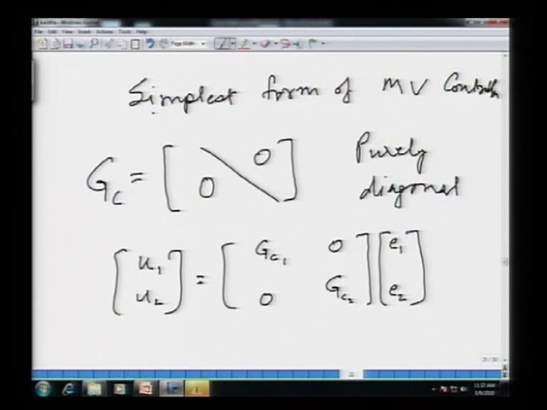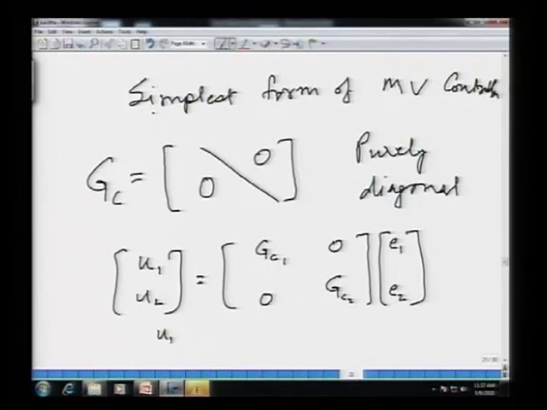Now, what is happening here is that I move U1 based only on E1. What this equation is essentially saying is U1 is equal to GC1 E1 plus 0 times E2, and U2 is equal to 0 times E1 plus GC2 times E2.